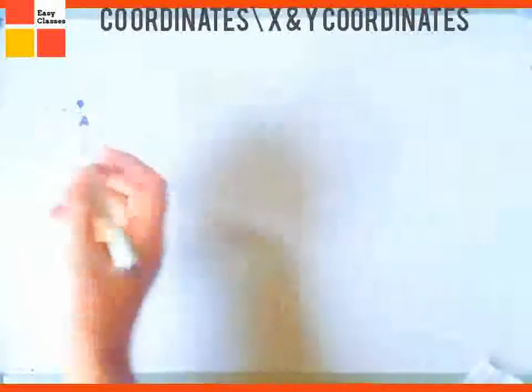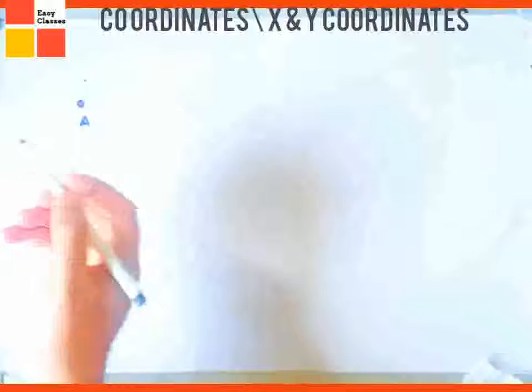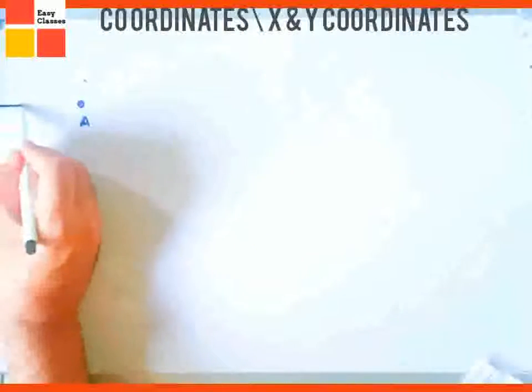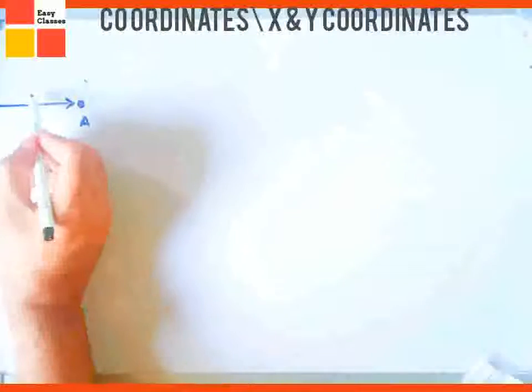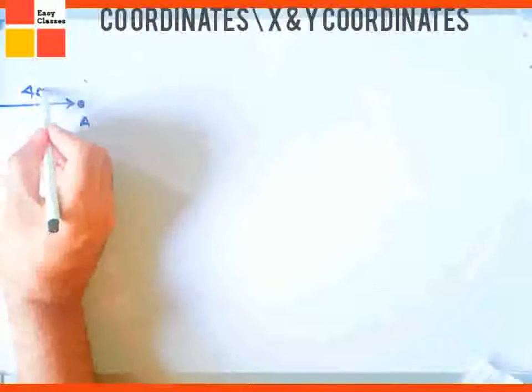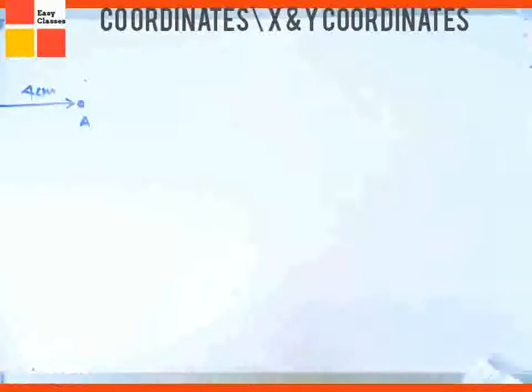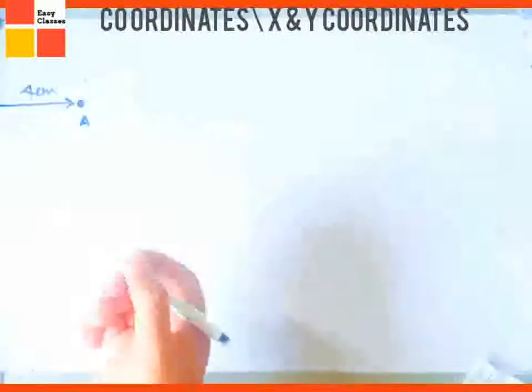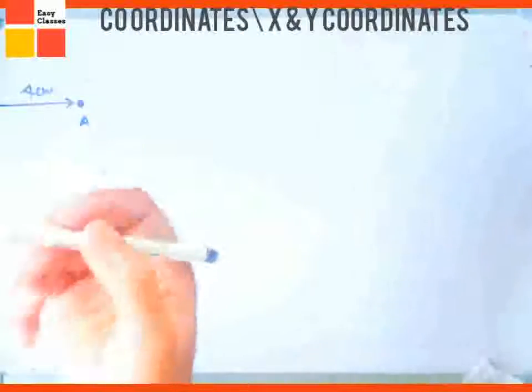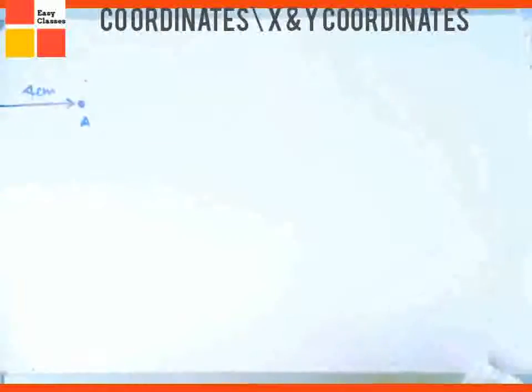Some others will take a scale and find its distance from the left edge, say for example 4 centimeters away from the left edge. But all these methods are not powerful enough to help us communicate the position of a point.